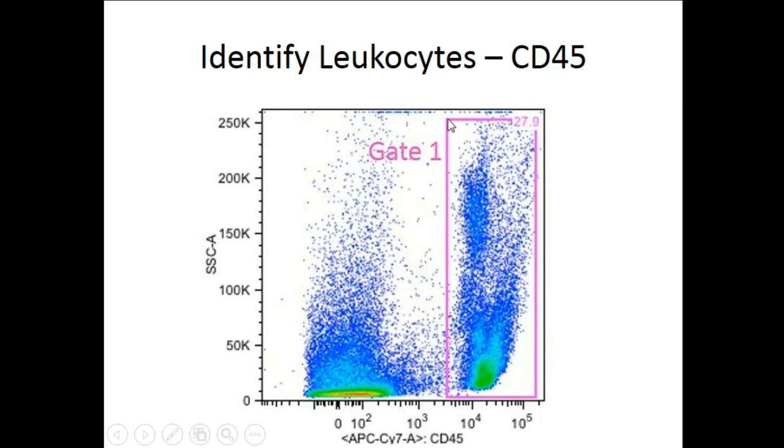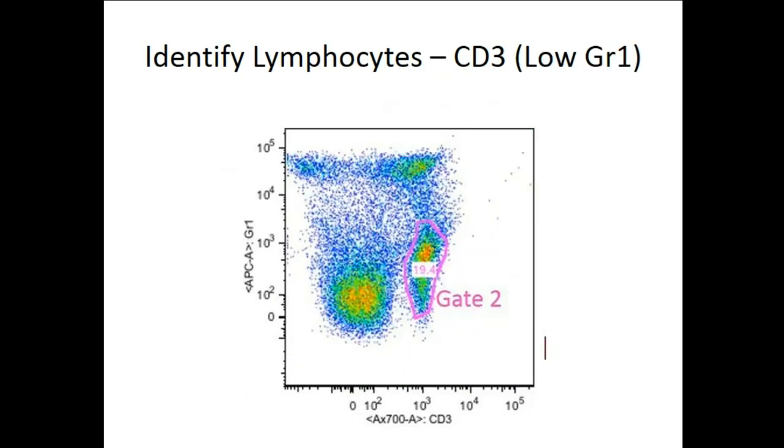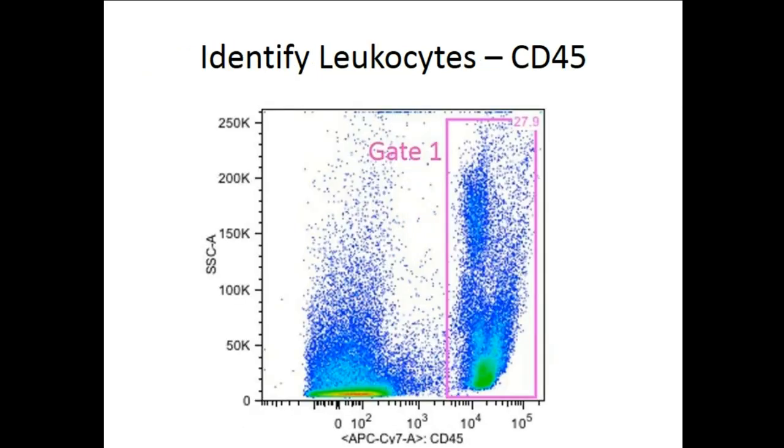So this selection box has now selected any cell that has high CD45 and eliminates any cell that does not have high CD45. It takes these cells and moves them on to a different plot. So all the cells you see here are actually from inside that box.